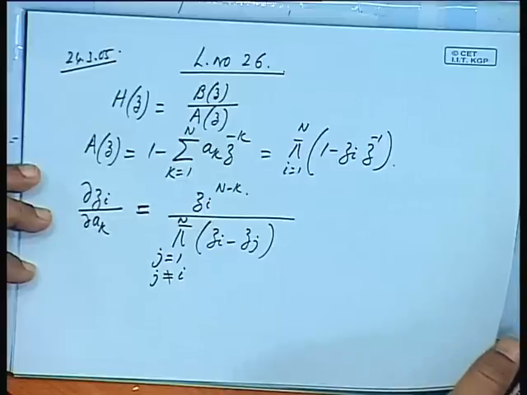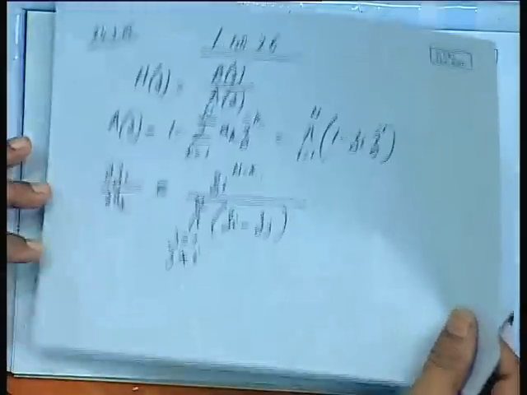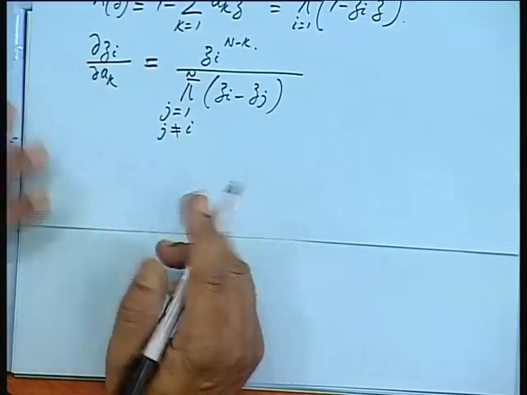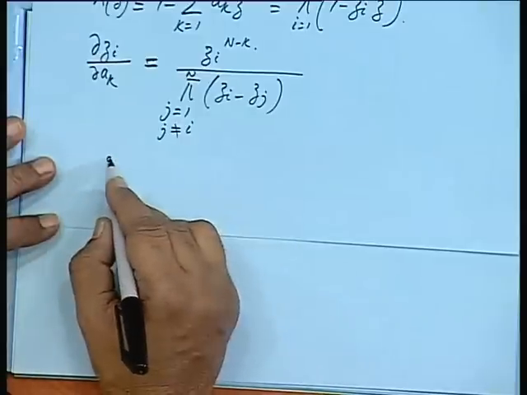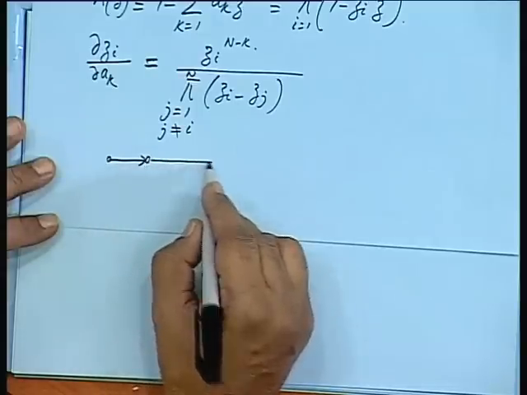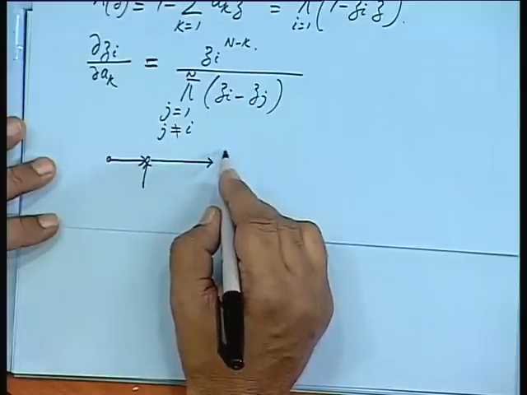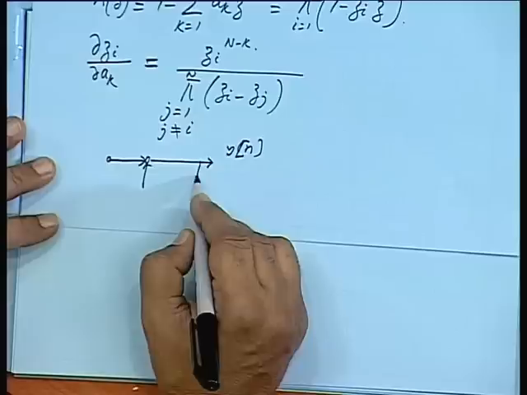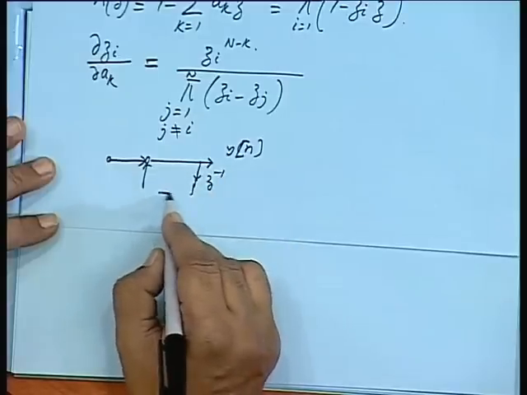Now, let us see the representation of a biquad. Say the output is y[n], with terms in z to the power minus 1.